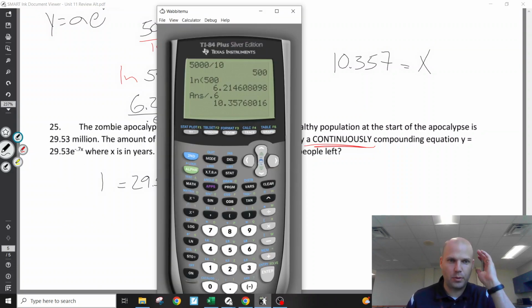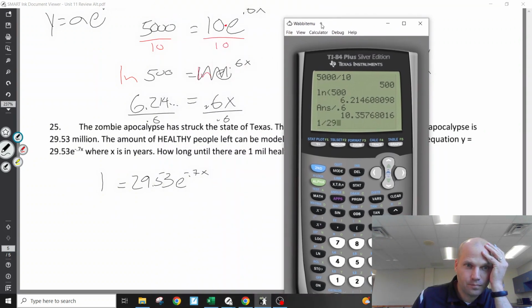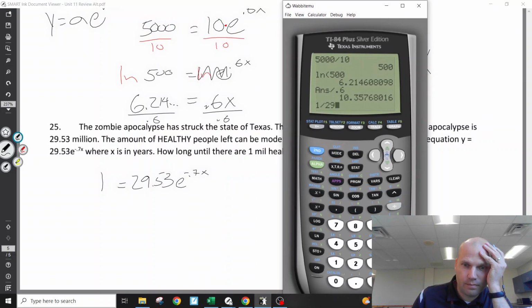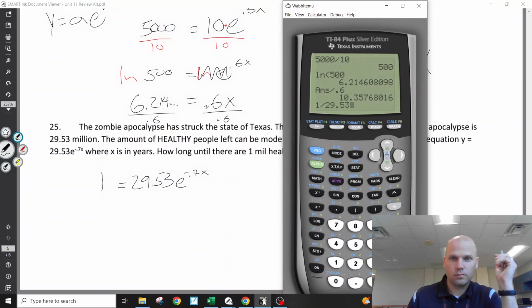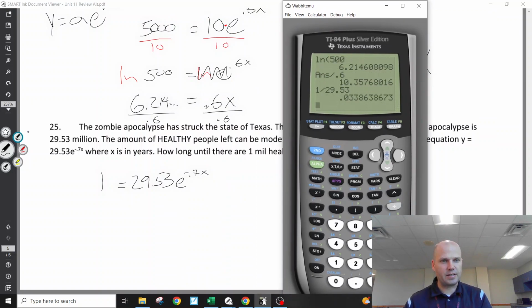This works. You don't have to put extra numbers. Divide by 29.53. You get this decimal. Let's not worry about this decimal and the next decimal we're going to see. I've got to get rid of the e. I'm going to use a natural log or a log base e.